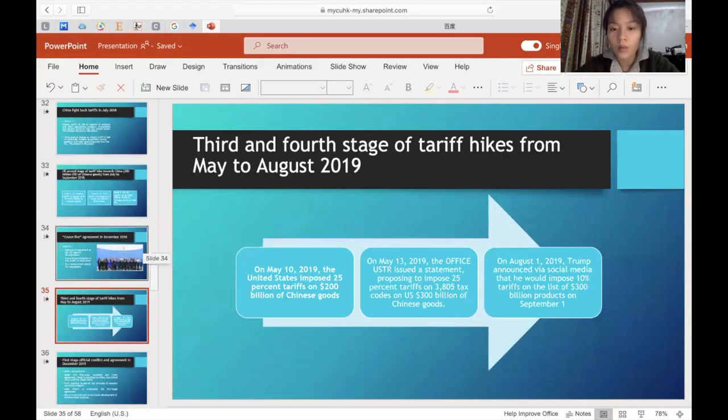But on May 10th, 2019, the United States imposed 25% tariffs on 200 billion of Chinese goods. And on May 13th, 2019, the Office of the United States Trade Representative issued a statement proposing to impose 25% tariffs on 300 billion of Chinese goods.